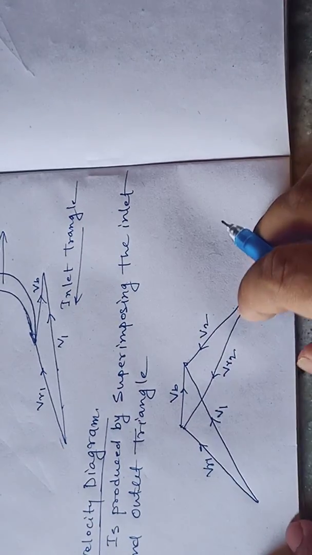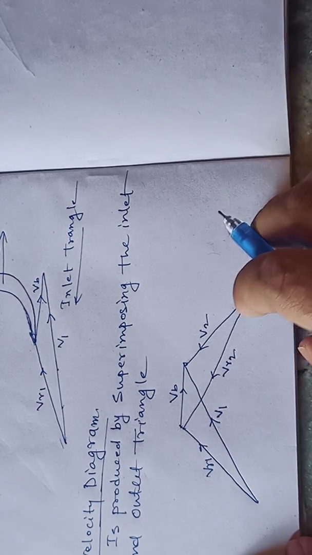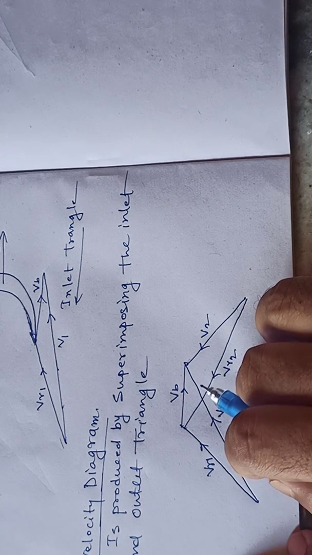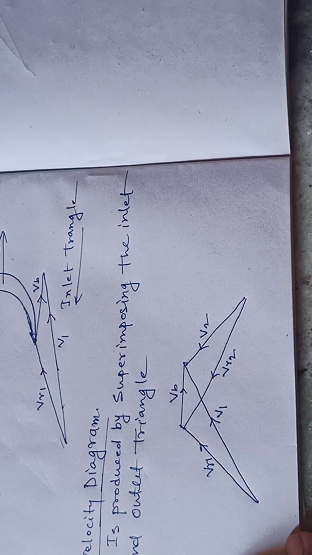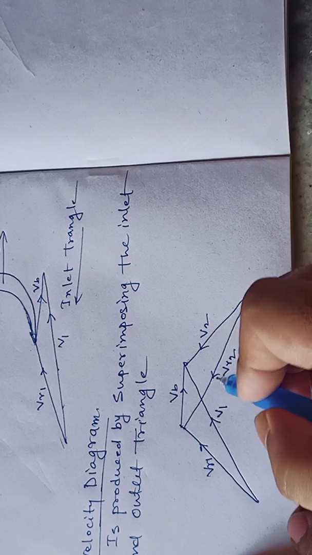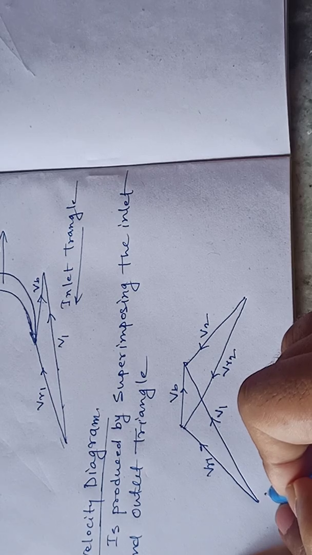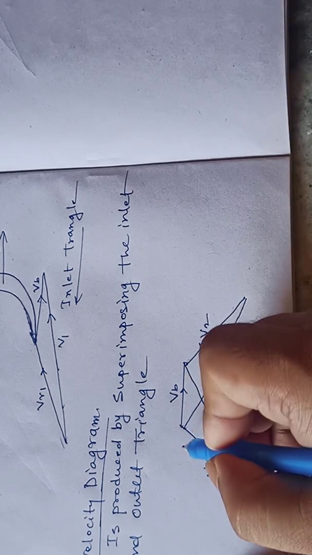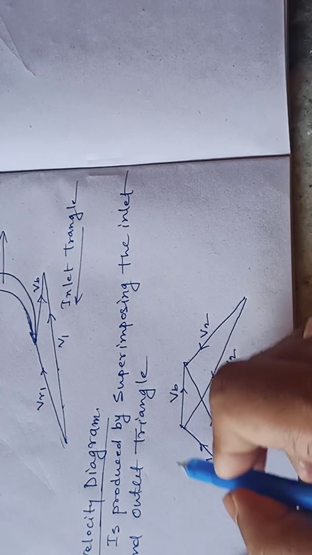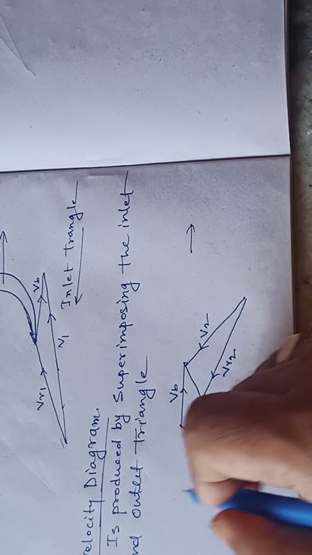This is the velocity diagram, but you have to produce another two velocities in this diagram, which are Vw1 and Vf1 with Vw2 and Vf2. Now you know the absolute velocity is this. Now make the two components of V1: this is the tangential direction, and this is the axial direction.